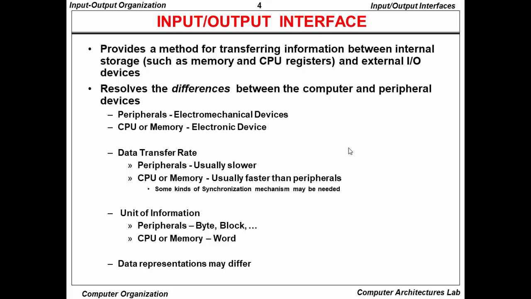Or let's say the CPU wants to give some information to the outside world. The CPU needs to transfer that information to the output devices, which will display it to the user. We have a number of output devices. If the CPU wants to display something, it transfers the data to the monitor or other output devices, speakers and other things. Let's say a printer.